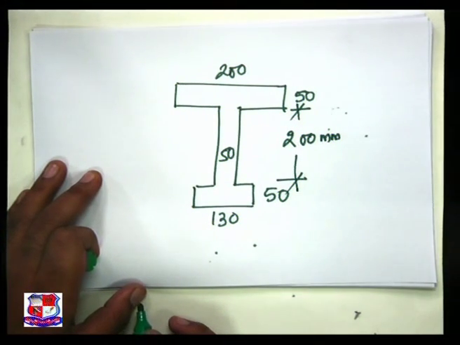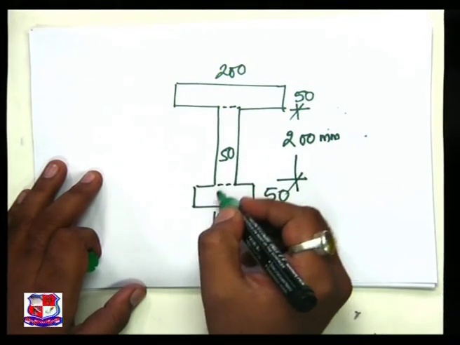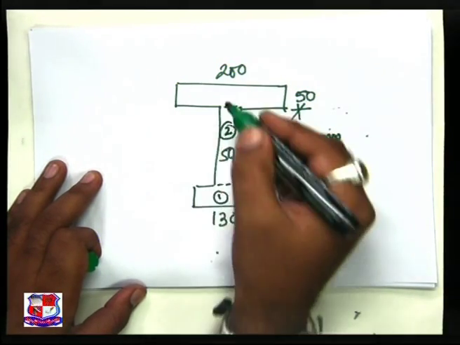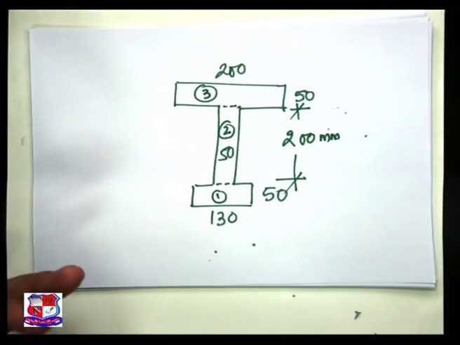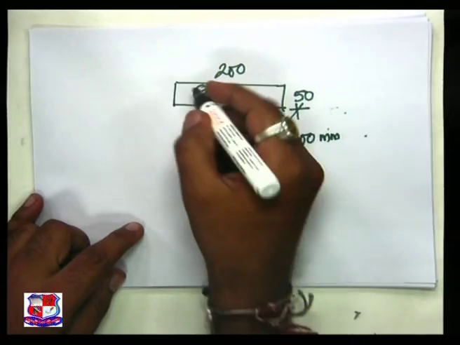So what I did, I have divided the whole I section into three parts: 1, 2, and 3.